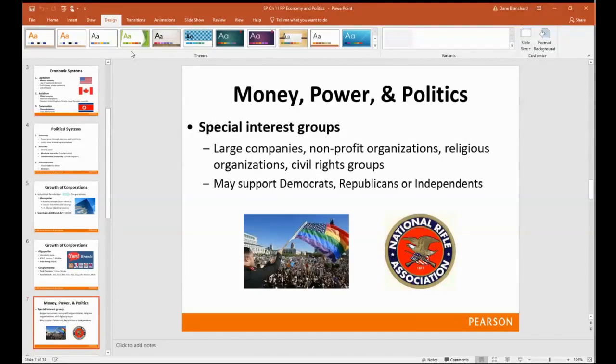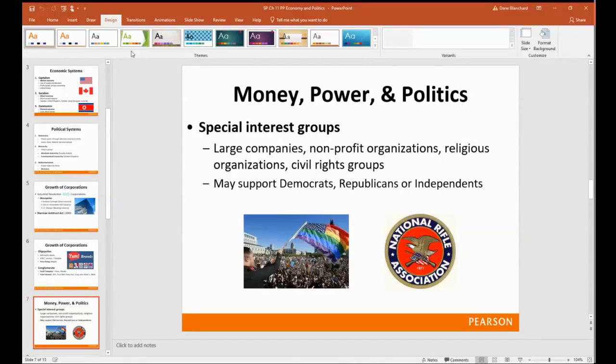So these special interests, they are involved in politics because they know that politicians and those that are in the House of Representatives, those that are in Congress, those that are sitting in the White House, and those that are sitting in the Supreme Court, whether they are leaning left or they are leaning right, can have a direct effect on their particular cause, their business, their nonprofit, their religious beliefs, and also civil rights organizations.